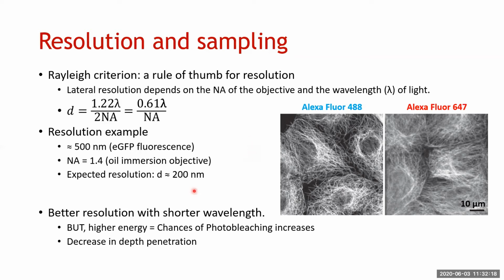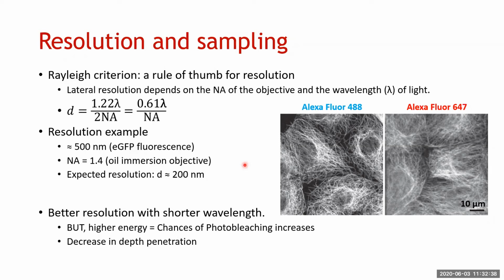Now, there are pros and cons, obviously. The cons are that shorter wavelengths have a higher energy, and higher energy means you have more chance of photobleaching. And of course, with a shorter wavelength, you decrease your depth penetration. So this is just something for you to think about.